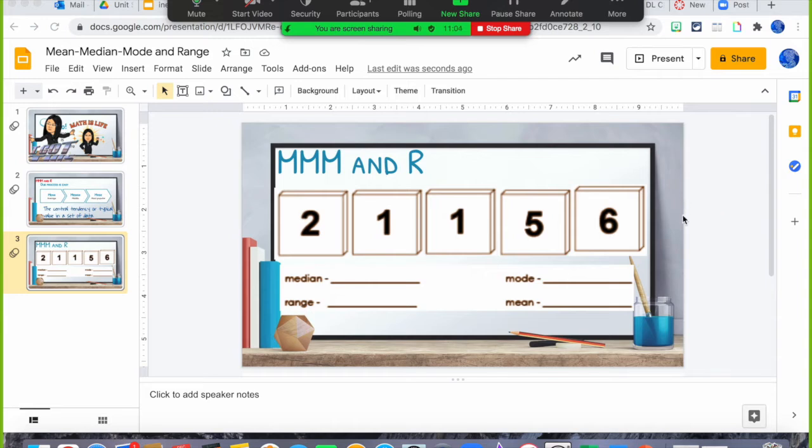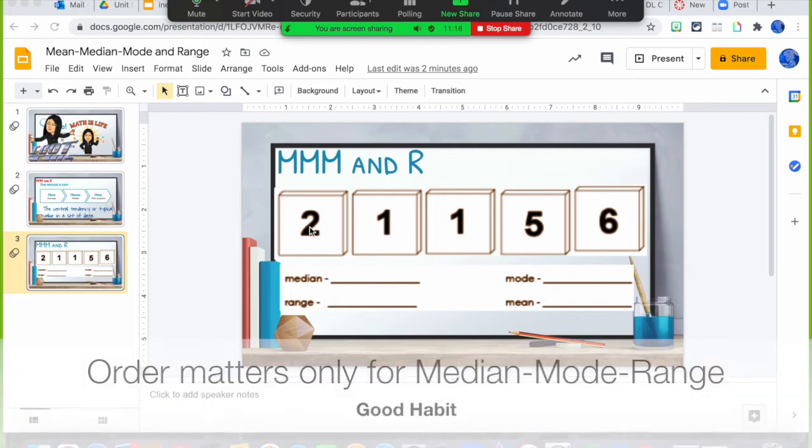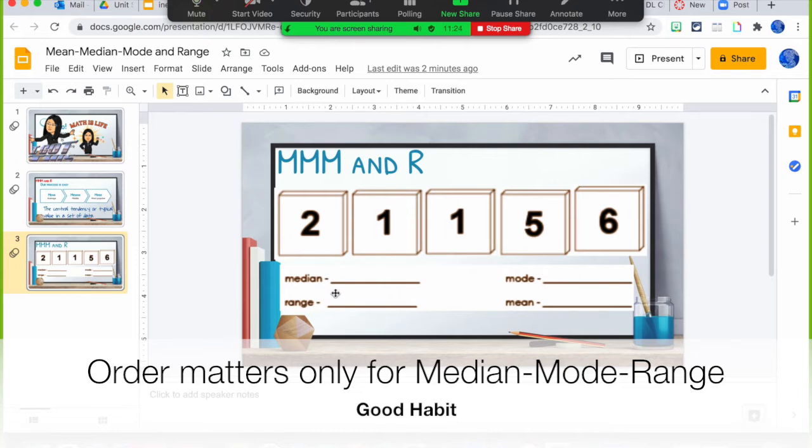The first thing you want to do is put them in order. Even though when we're looking for the mean, the order is not important, it is very important that you sort all of these numbers and put them in order from smallest to biggest at the beginning, before you find the median, mode, and the range. Order is important for those three things.